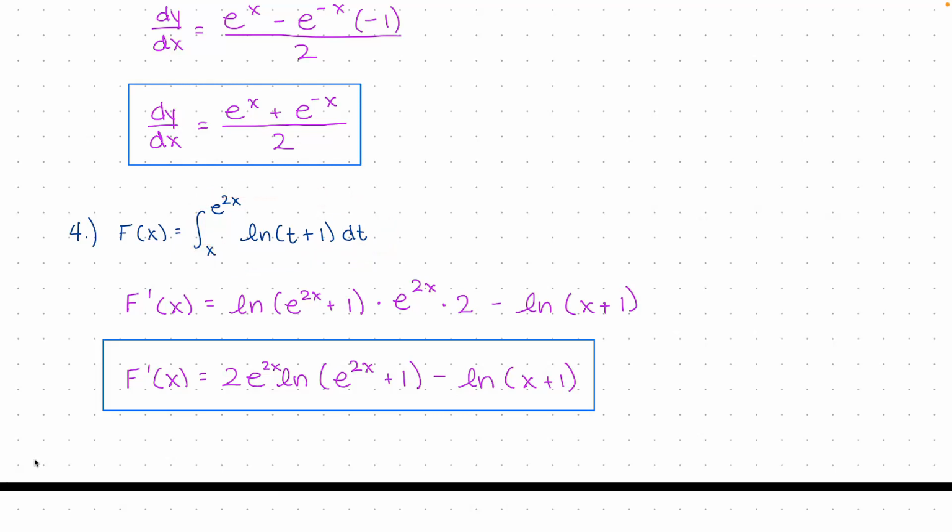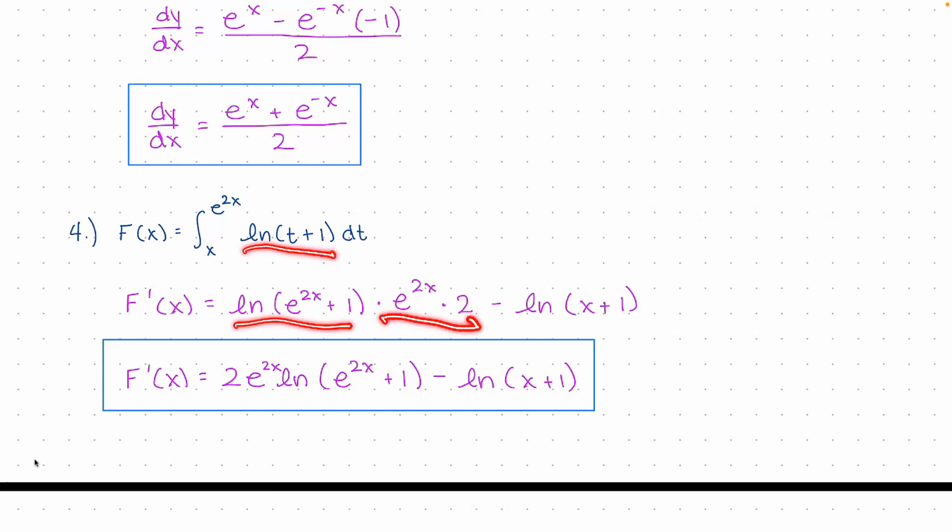This is the one that uses the extension, because the limits are functions of x. The bottom is not just a constant. So remember what the fundamental theorem of calculus says. It says evaluate the argument at the upper limit times the derivative of the upper limit.